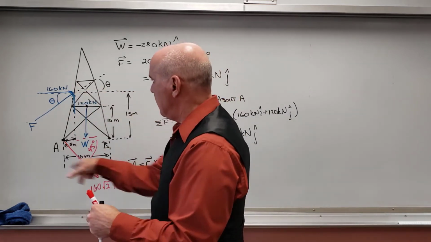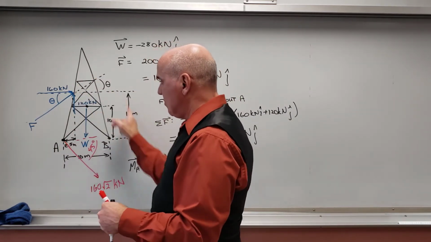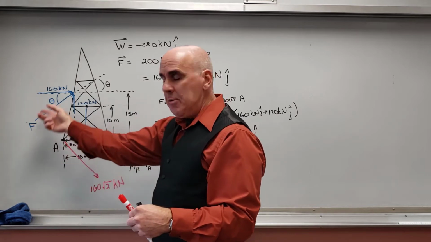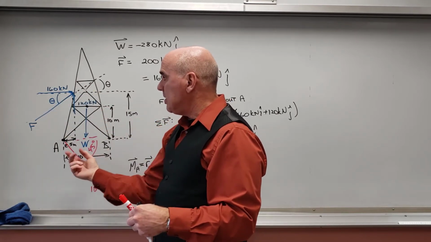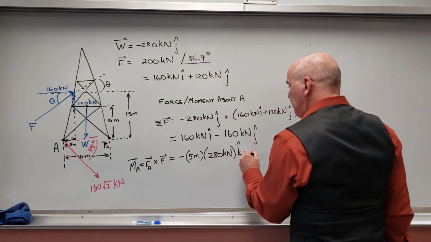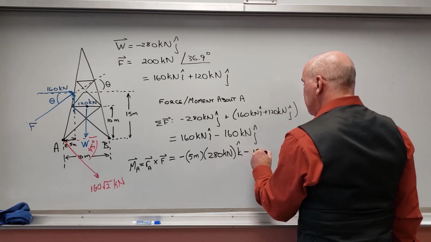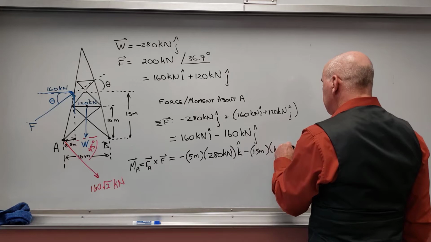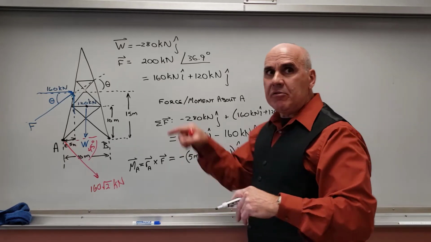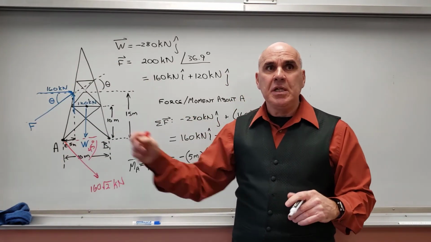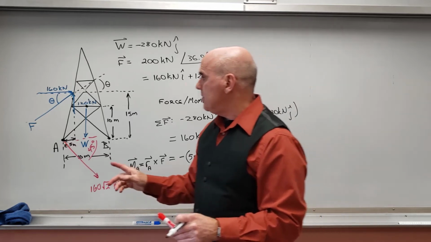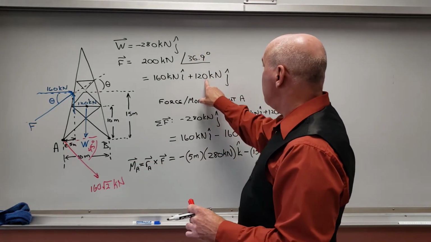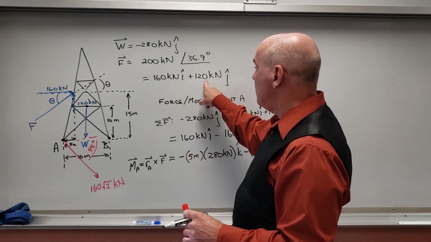That's trying to rotate it around A, in the clockwise direction. So again, minus 15 meters, and then 160 kilonewtons, okay, right? That's the clockwise rotation. And then there's the 120 here, okay?